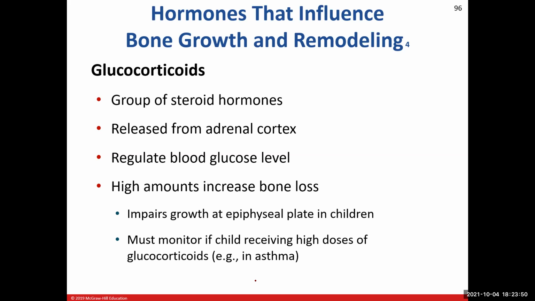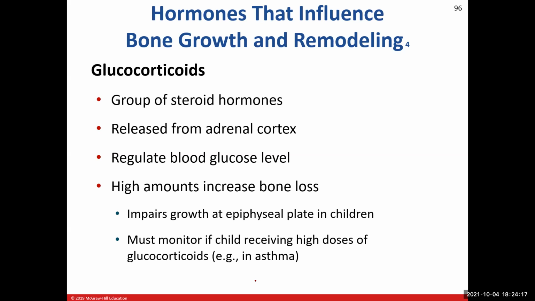But one of the problems that we'll see is also if a large amount of glucocorticoids are being released, it can facilitate an increase in bone loss. And so we see this quite a bit in much older individuals, and especially in individuals that take these glucocorticoids chronically all the time. Kids with asthma, perfect example.